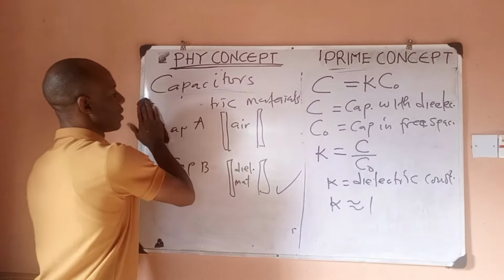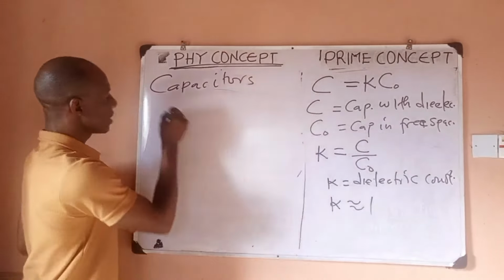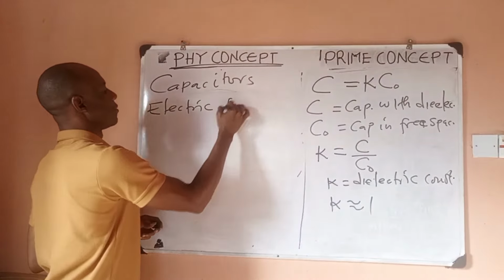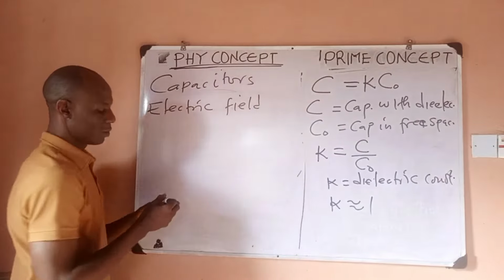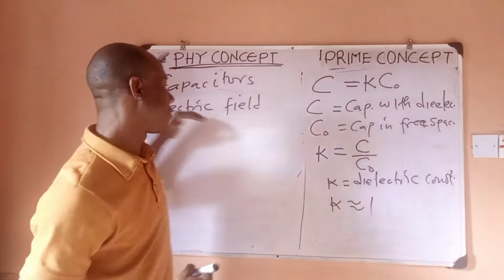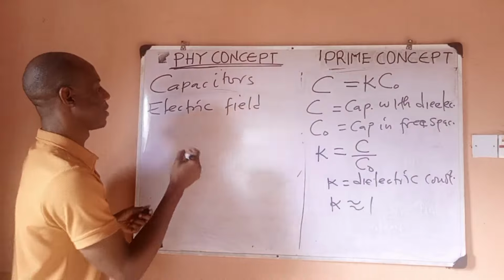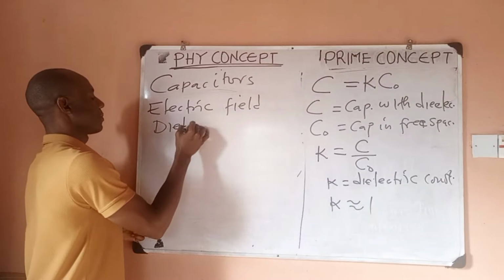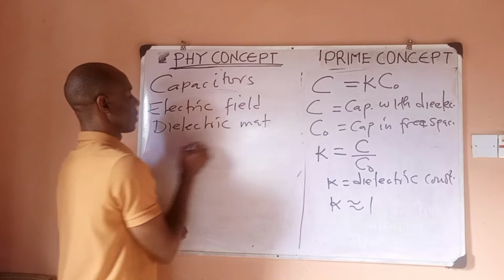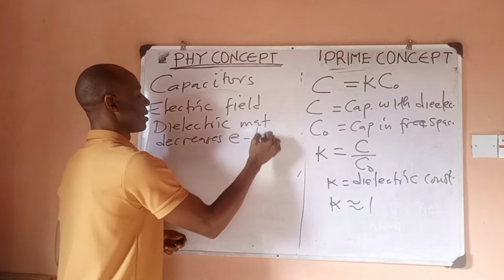Also, I want to mention a second point for dielectric. In terms of electric field intensity, remember dielectric increases capacitance, but for electric field, dielectric materials decrease electric field.